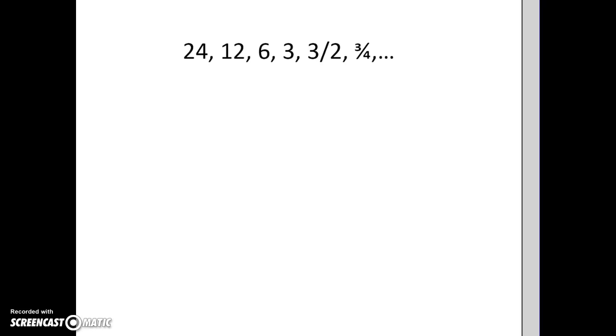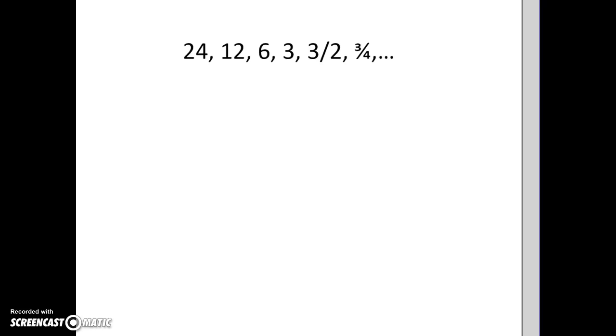And if we multiply, are we always multiplying by the same number every time? 24 times what number would give me 12? 12 times what number would give me 6? 6 times what number would give me 3?